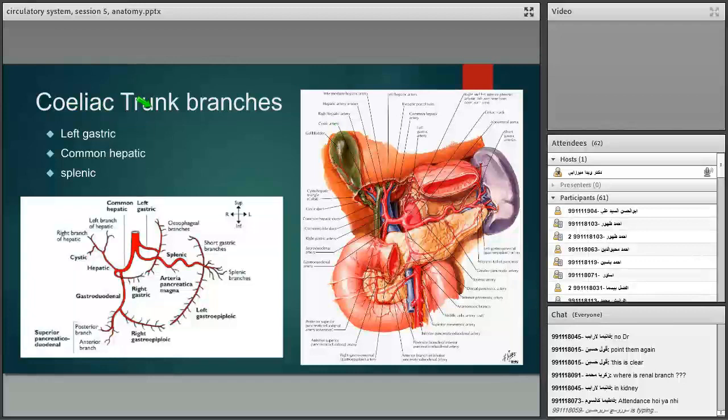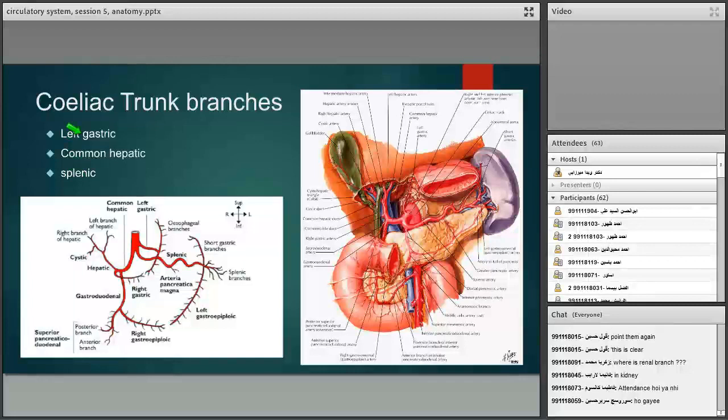The coeliac trunk has three branches. Listen please, they are very important. I'm explaining slide number 27. The coeliac trunk has three main branches: left gastric, common hepatic, and splenic.